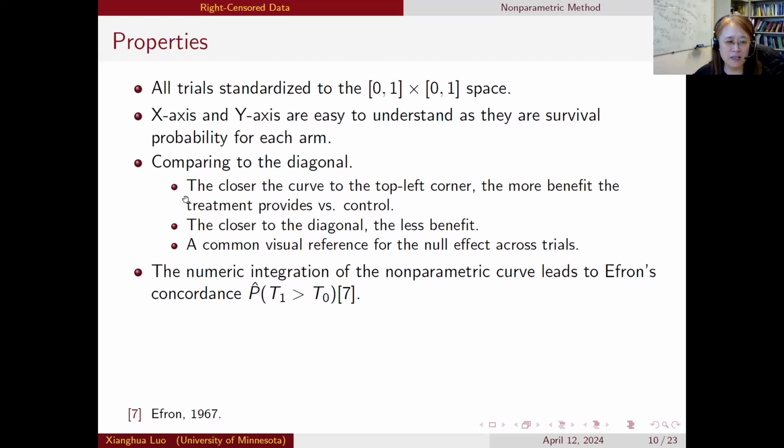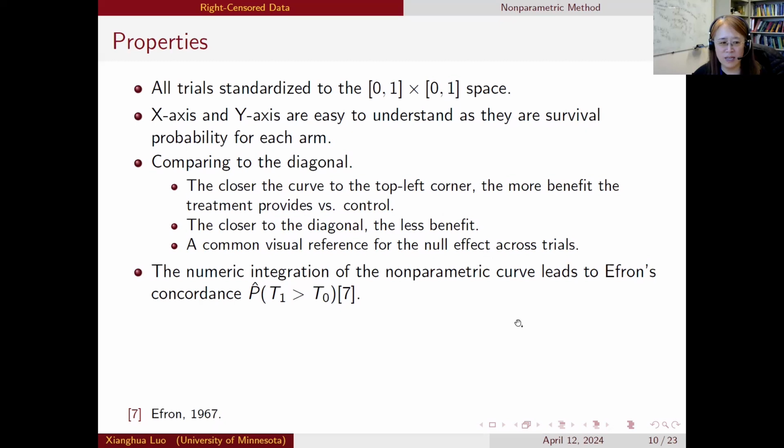And to make a visual test of the treatment effect, you can compare the curve with the diagonal line. I have mentioned that the closer the curve is to the top left corner, the more benefit the treatment provides as compared to the control. On the contrary, when the curve is closer to the diagonal, we know that it's less beneficial.